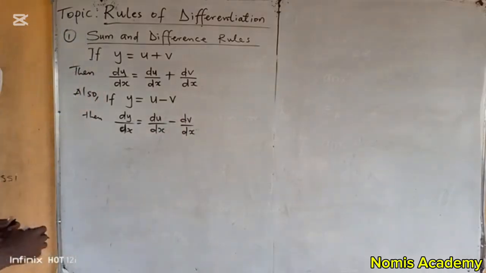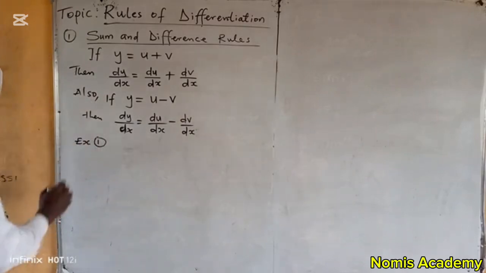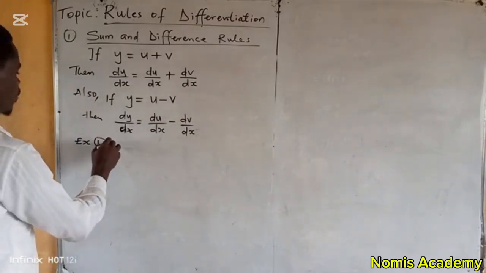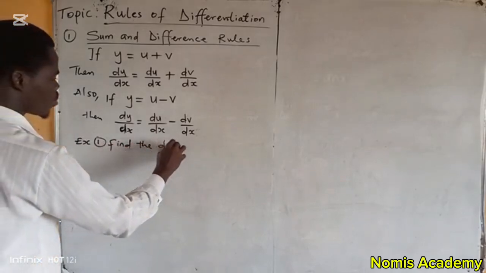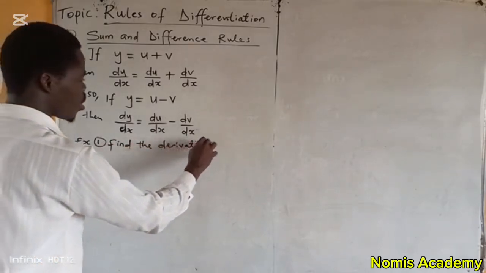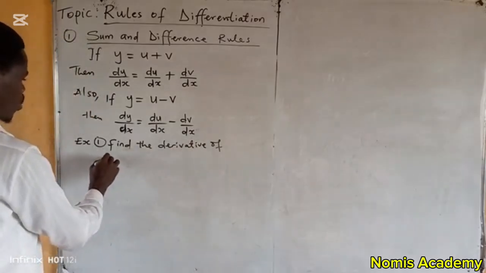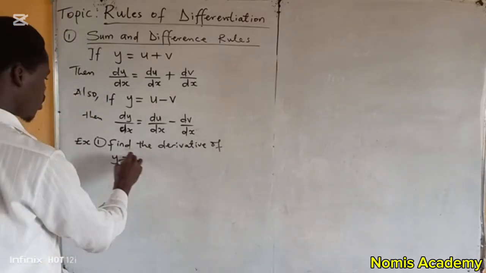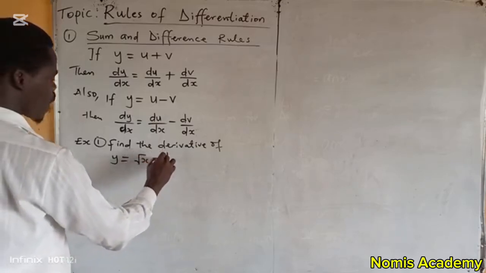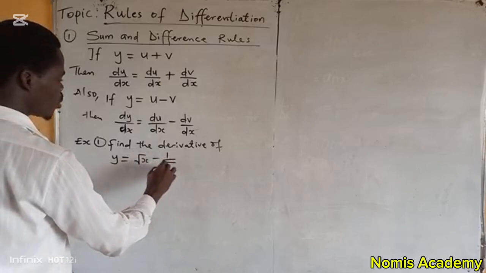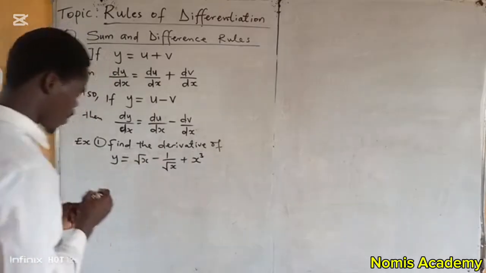Okay, let's pick our example. Example 1: find the derivative of y equal to the square root of x minus 1 over root x plus x raised to the power of 3.